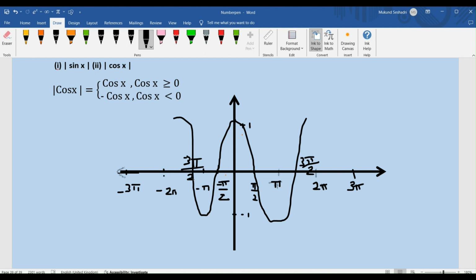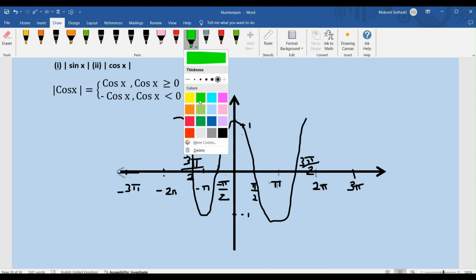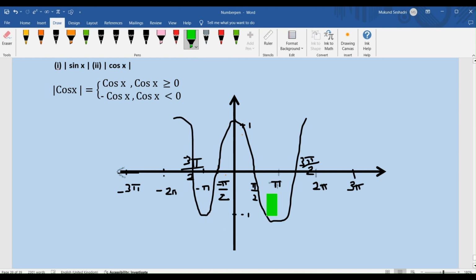So what happens is, like we saw in our mod x, let me use the highlighter. These regions where my cos x is negative, which is in the interval pi by 2 to 3 pi by 2, which is my open interval, right? Because at pi by 2 and at 3 pi by 2, the function is 0, right?